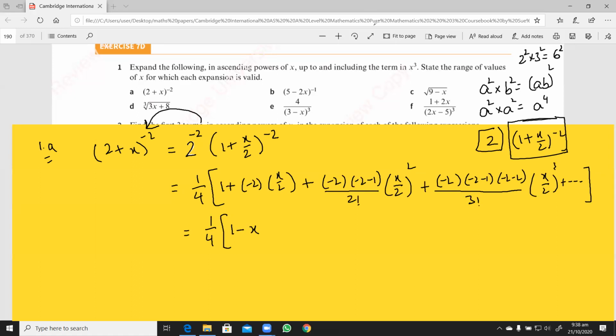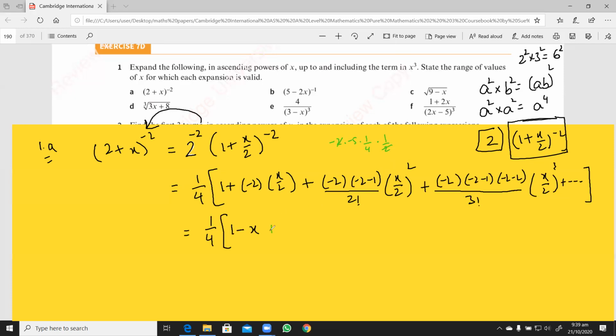Okay? So this is 1 over 4 into (1 minus x). So here I have, let me write in some other color. This is -2 into -5 into 1 over 4 into 1 over 2. Okay, so this is going to be 2 cancel with 2. Isn't it 5 over 4?